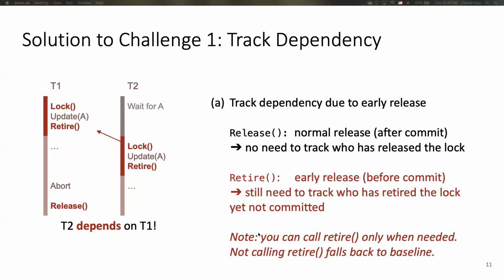Note that retire is just an extra API you can leverage compared to conventional 2PL, and not calling retire will just fall back to the baseline. It is totally fine for a transaction to have some locks retired and some other locks not retired, and it won't affect correctness. We have more discussion on how and when to retire in the paper.